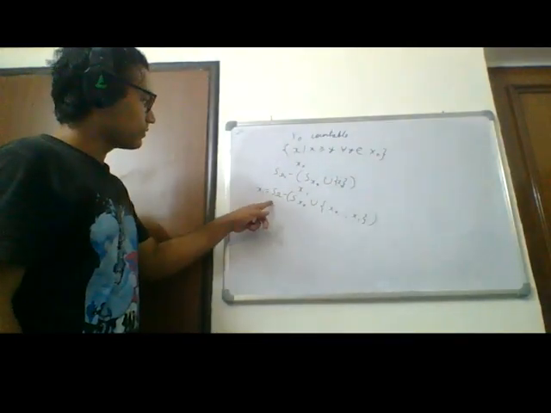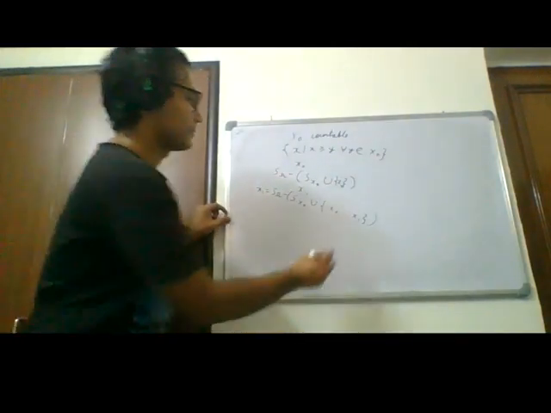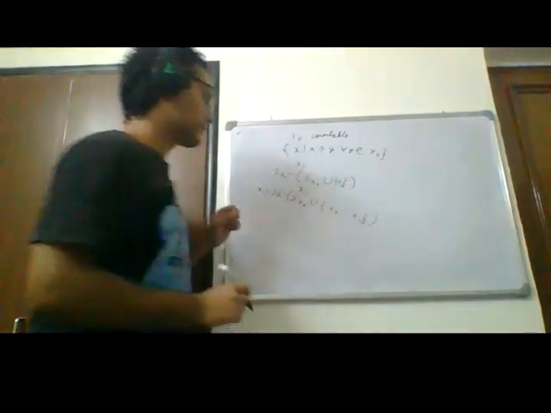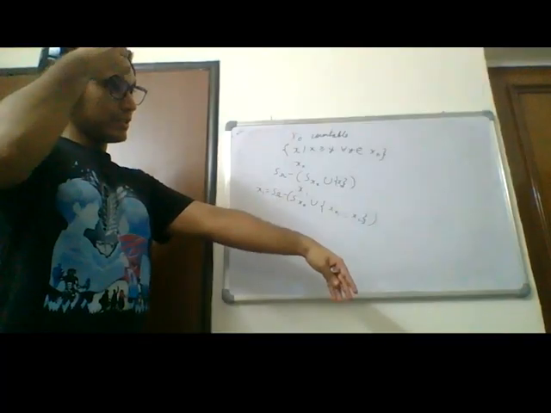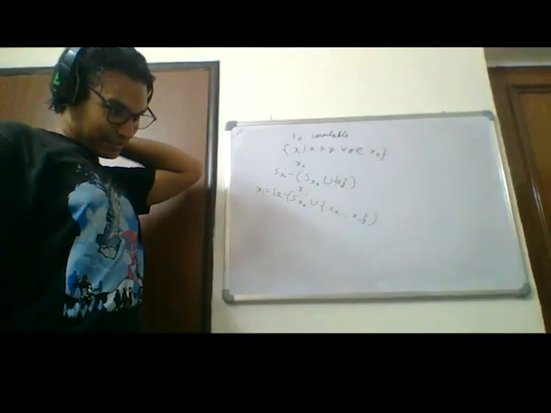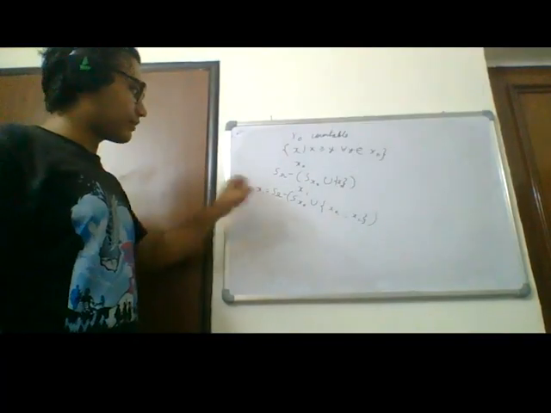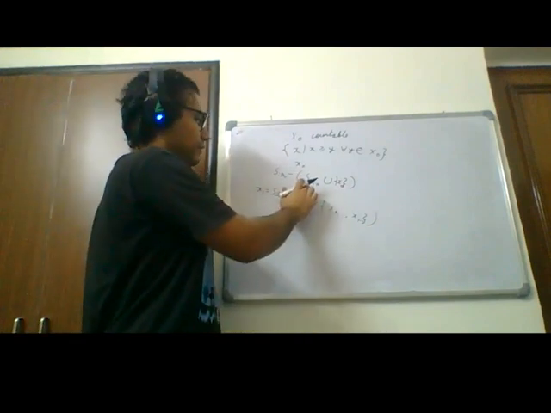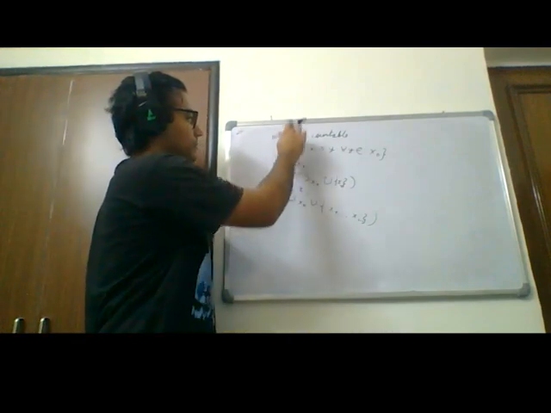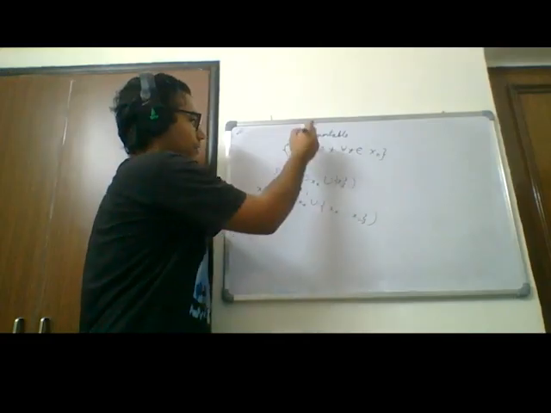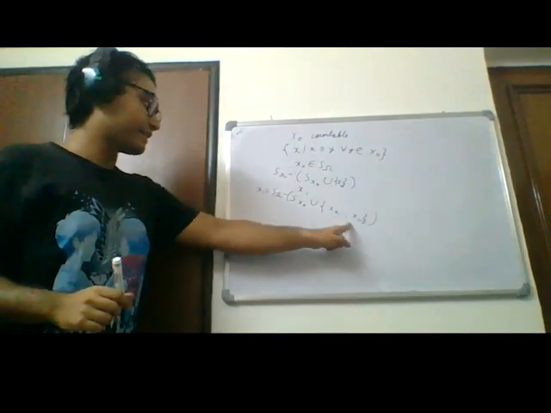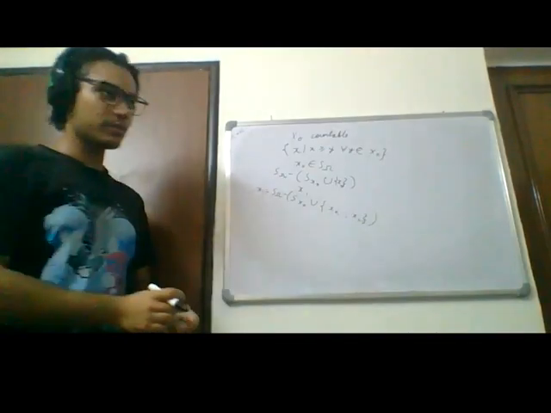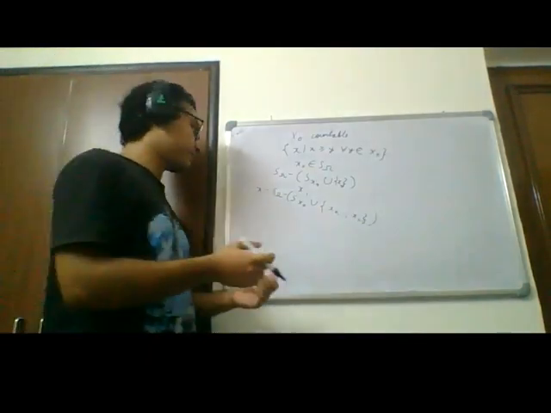So now what? Now we've defined it for all integers essentially, and this set is a countable set. Why? S x naught is a countable set by definition, right? Since x naught is going to be a member of S omega, and this is a countable set, so their union is countable, and this must also have an upper bound.